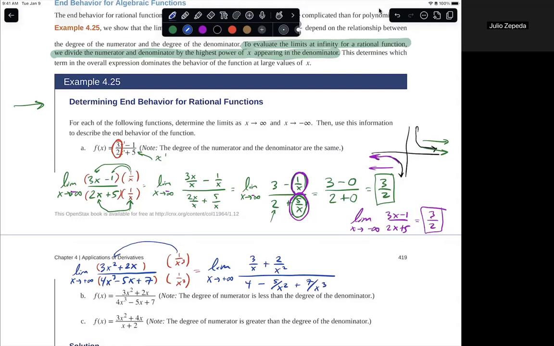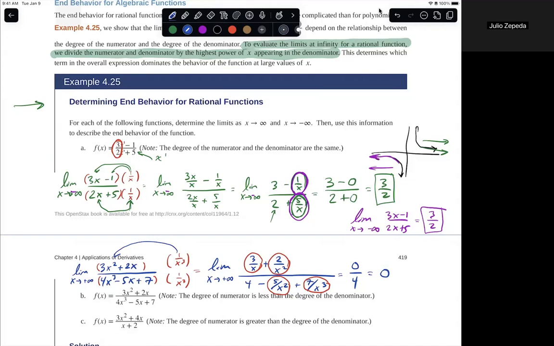When we take the limit as x approaches infinity, the denominator grows, x cubed grows to infinity, making that fraction 0. x squared grows to infinity while its numerator stays constant, so that fraction goes to 0. This goes to 0, this goes to 0, and so this is just 0 over 4, which is 0.